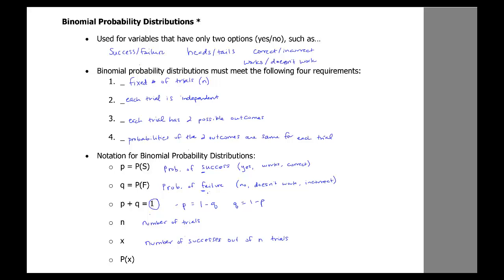And P(x) is the probability of getting exactly x number of successes out of n trials.